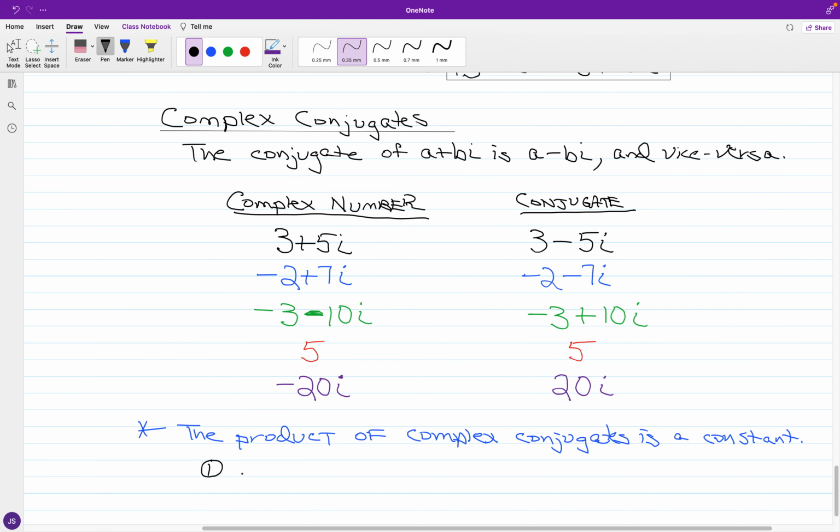Okay, and just sampling, say I have 7 minus 6i multiplied by the quantity 7 plus 6i.